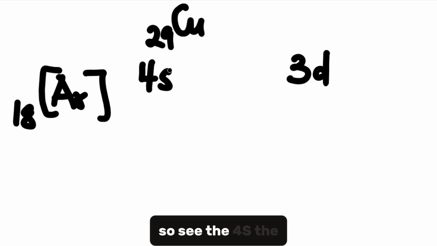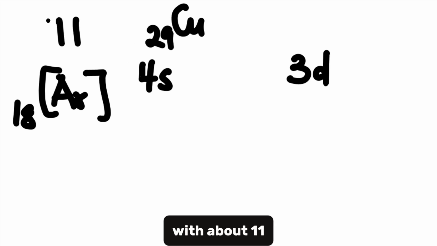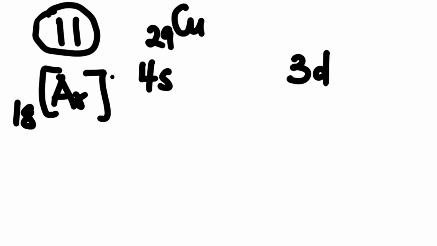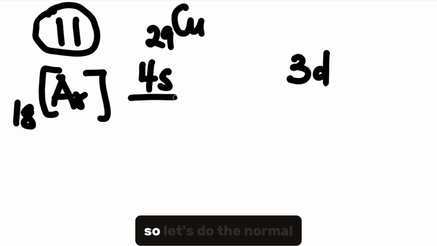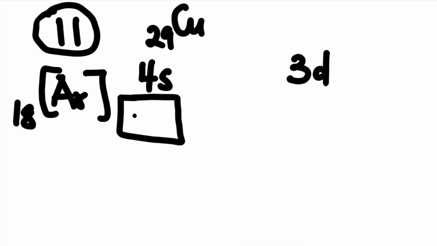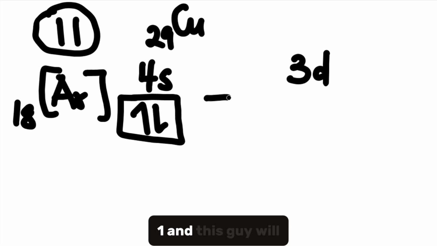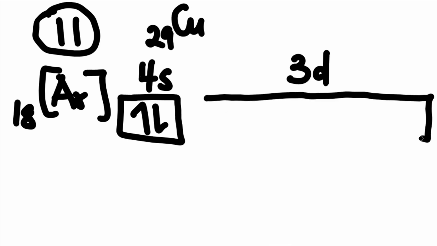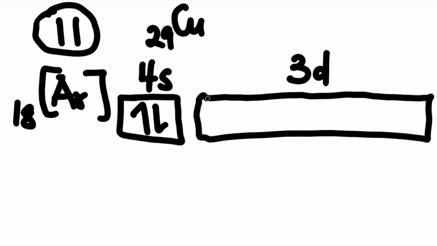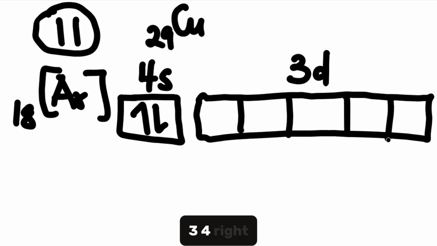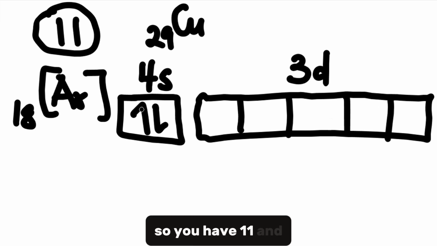So if you remove 18, it's going to be left with about 11 electrons to fill. So let's not do the normal stuff. This guy will take 1, and this one takes 2.